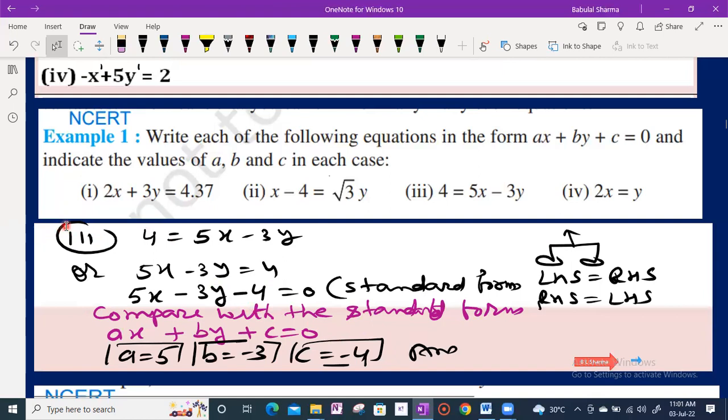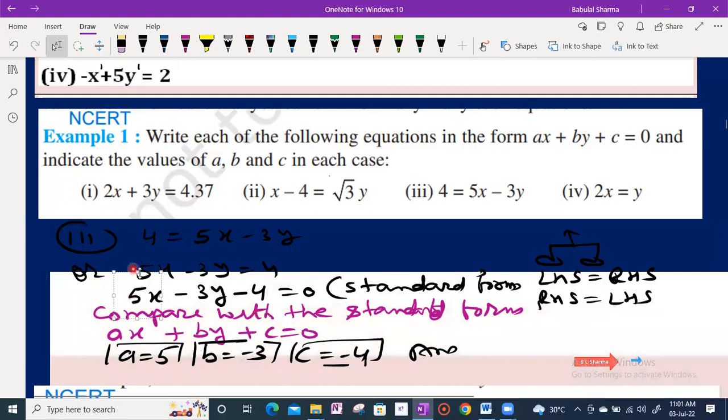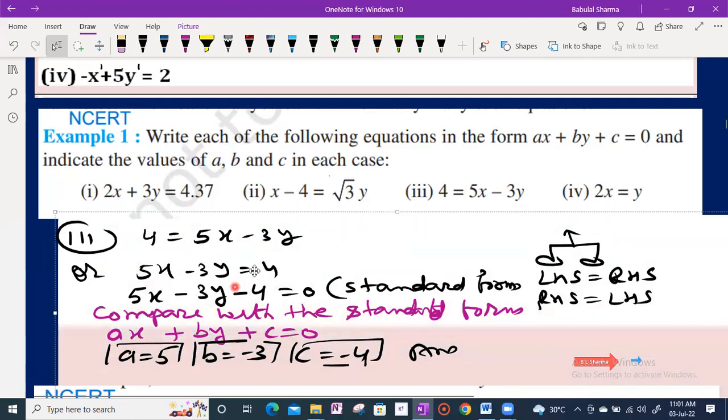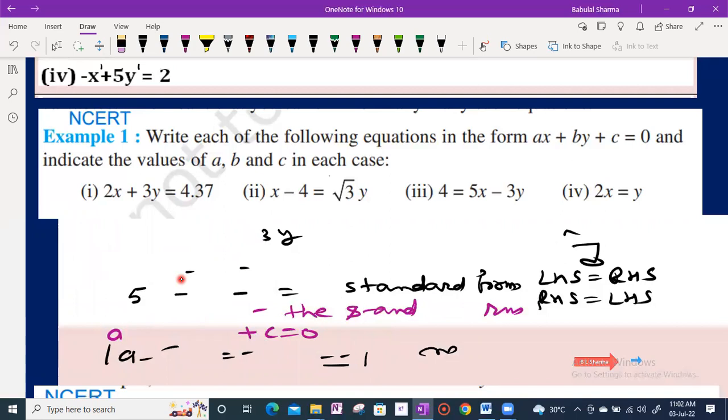Now next part of it is fourth part. How to write fourth part? First of all, I'll have to remove it.